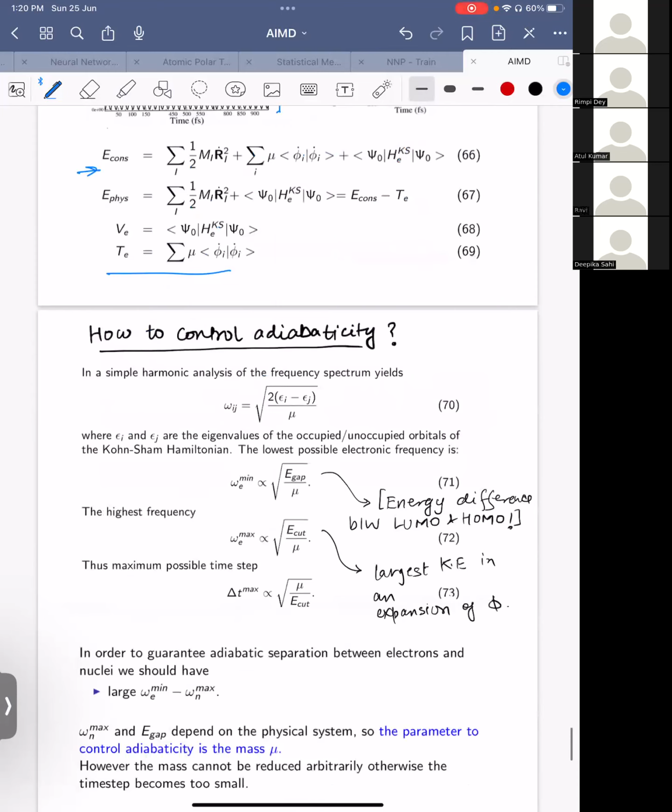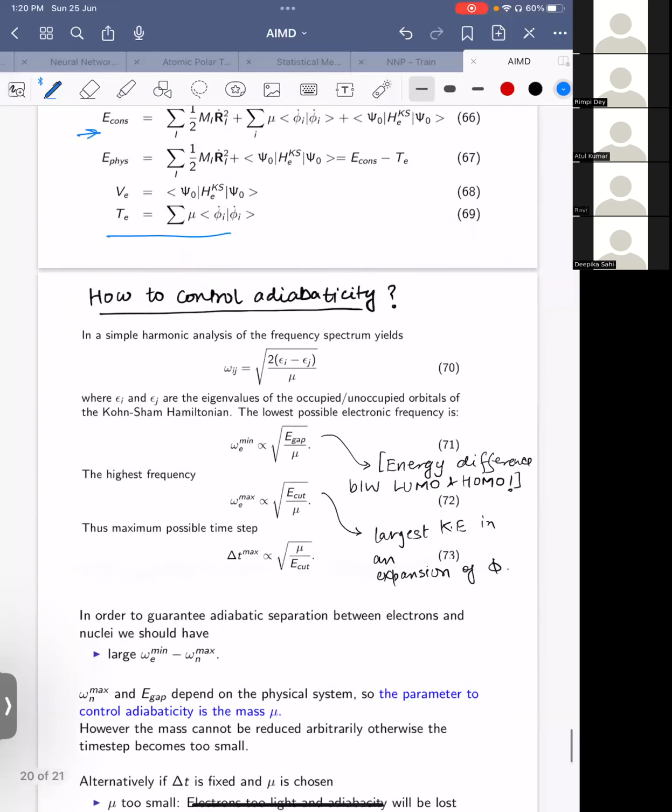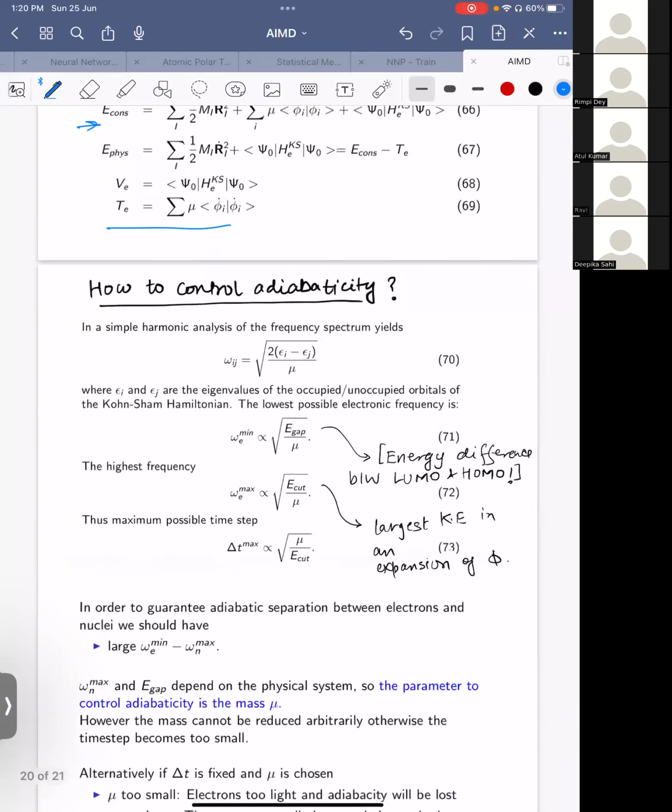Now the question is how to control the adiabaticity. As I suggested previously, the gap between the minimum frequency of the electron and the maximum frequency of the phonon should be large enough so that there will be no coupling between both.